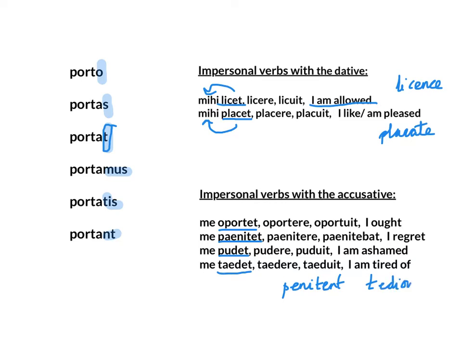Just a reminder while we're here, if you're looking for an English word that comes from the Latin, and this is a really good important tip for if you're trying to work out what a word means and you haven't got a dictionary to hand, so you have to rely on your knowledge of English. Remember that Latin AE often turns into E in its English derivation, and that's why we get penitent from paenitet and tedious from taedet.